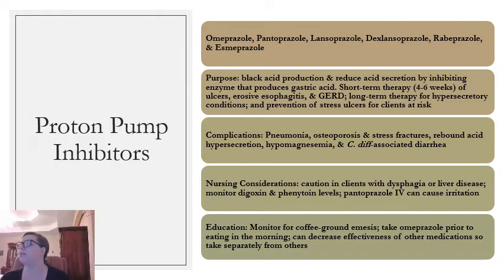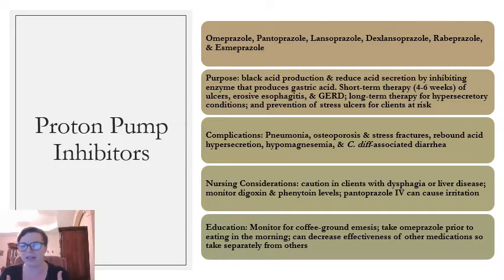And these can decrease the effectiveness of other medications, because that's how your stomach takes in other medicines, through acid, by breaking down the other medicines. And so if we're inhibiting that acid production, then other medicines aren't going to be absorbed as well as they initially would have without an inhibitor.